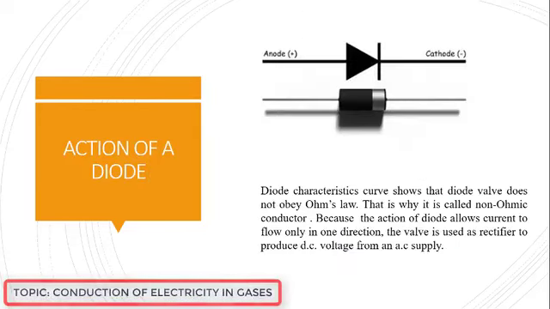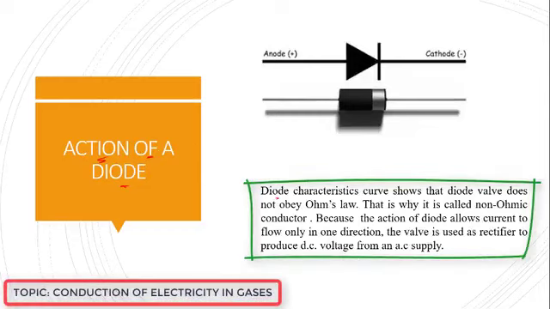Now let's look at a diode and its action. Just like we have capacitors and resistors, we also have diodes. Diodes are electric components that allow the passage of current only in one direction. The diode characteristic curve shows that a diode valve does not obey Ohm's law, and that is why diode valves are called non-ohmic conductors.